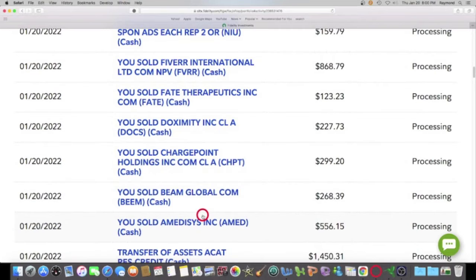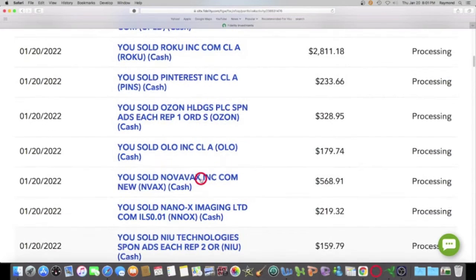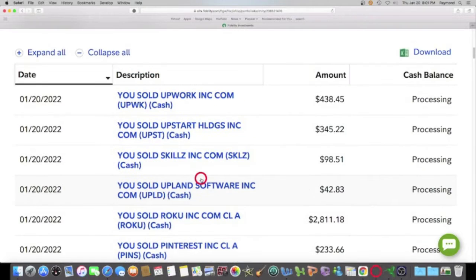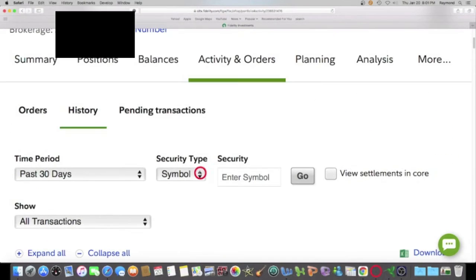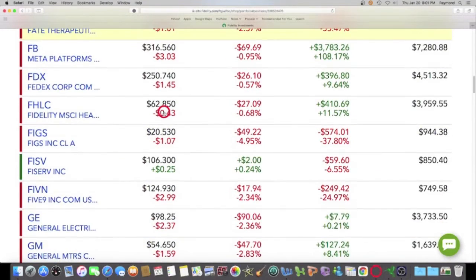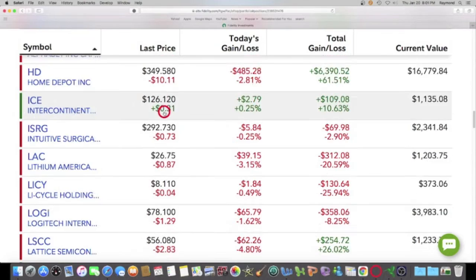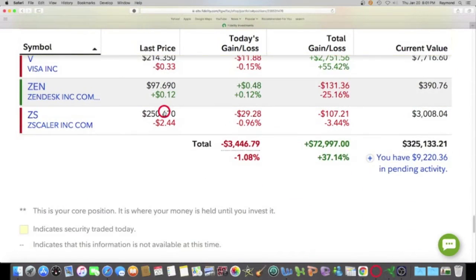Now, let's get to the part that I really don't want to get to. And that is, where am I now to where was I 2 months ago? So we're going to go back here to the top, and we're going to go back to positions. And we're going to go all the way down to the bottom, where it's going to give me my total.